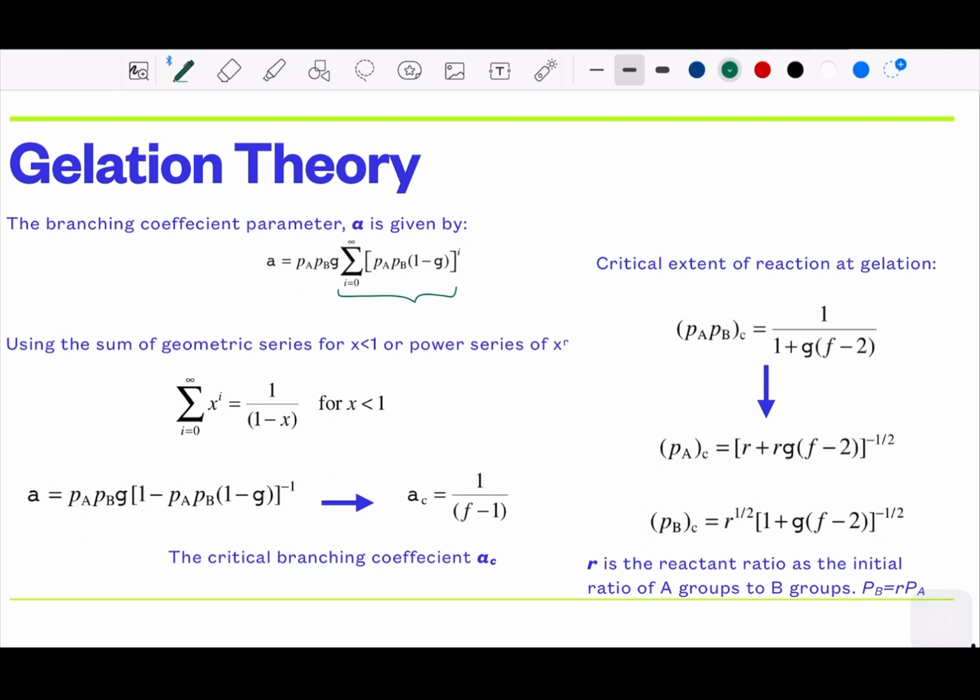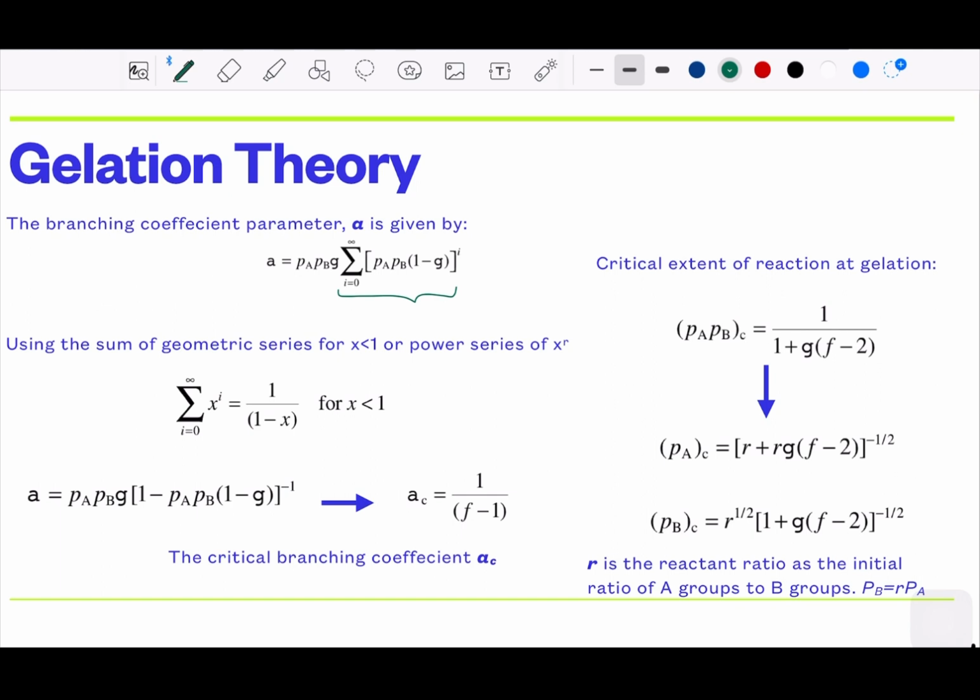And later we can take the critical extent of reaction at gelation with both of this PA, PB, and 1 over 1 plus G f minus 2. And we can rewrite in terms of PA or in terms of PB.